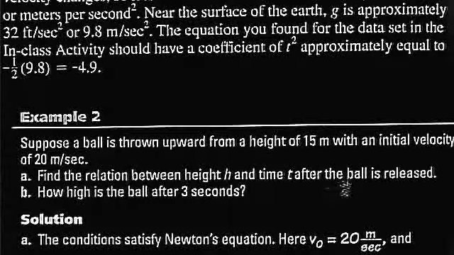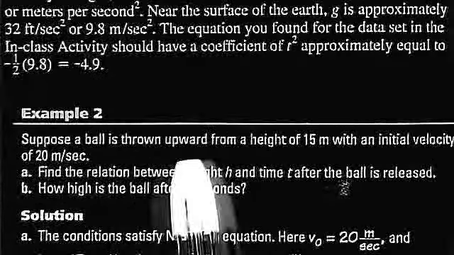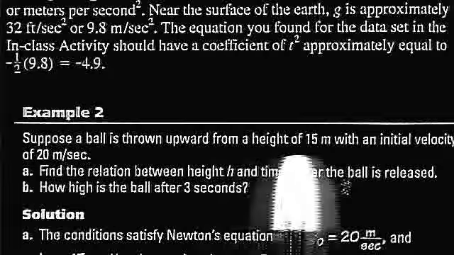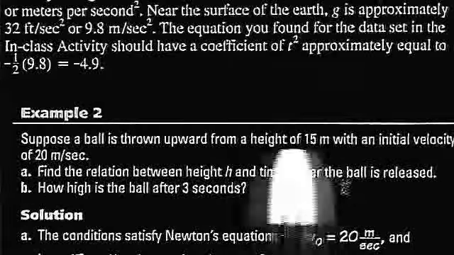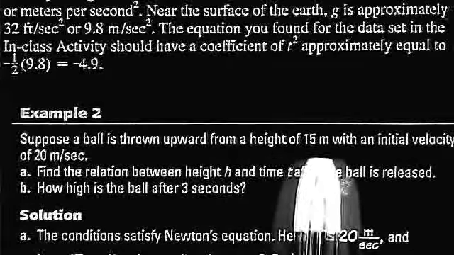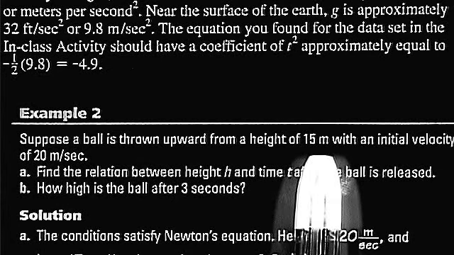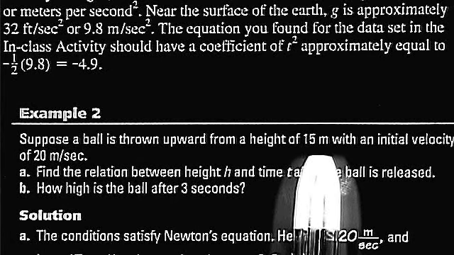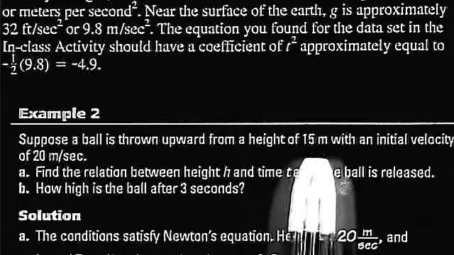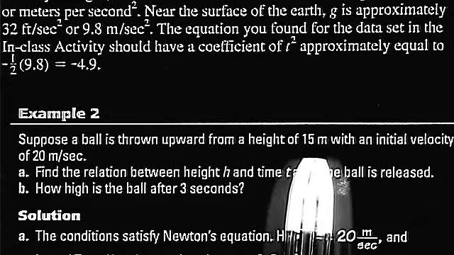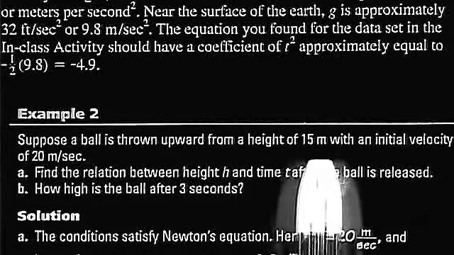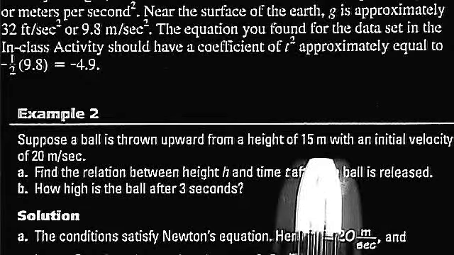So when I look at the problem, it's thrown upward from a height of, so right here is my original height. I also notice that I'm dealing in meters, so that tells me my gravity constant is going to be 9.8. I know physics people that you guys use 9.81. We're just going to use 9.8, okay?